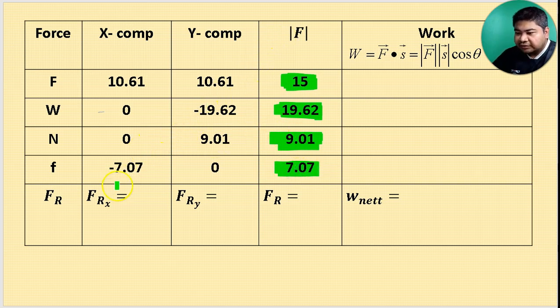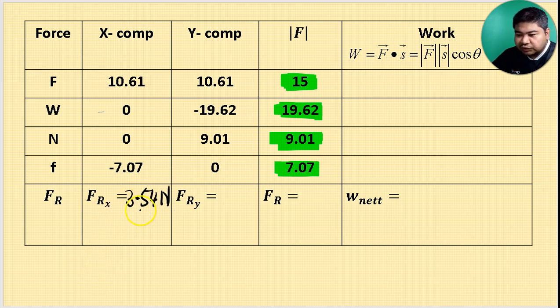Except that in this example the resultant force in the x direction is not 0. So 10.61 plus negative 7.07, you are going to get 3.54 Newton. That is the sum of the force in x.